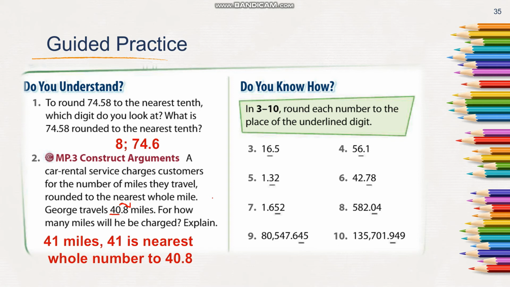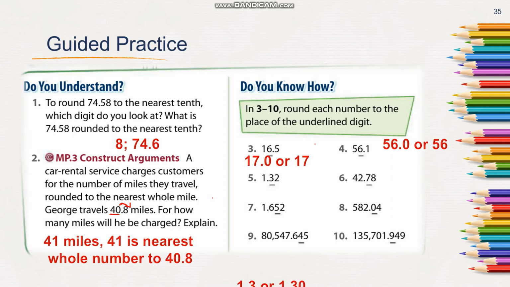In number 3 to 10, round each number to the place of the underlined digit. So the underlined digit for question number 3 is 6. It's followed by 5, so we need to add 1 to 6. 6 becomes 7, and the rest of the digit to its right becomes 0, and the digit to its left you need to copy. That's why the answer is 17 or 17.0. Number 4, the answer is 56.0 or 56.